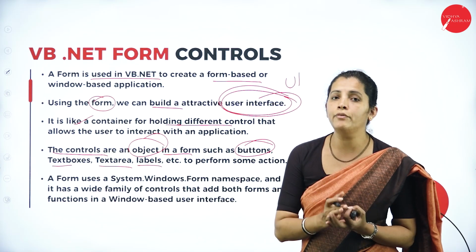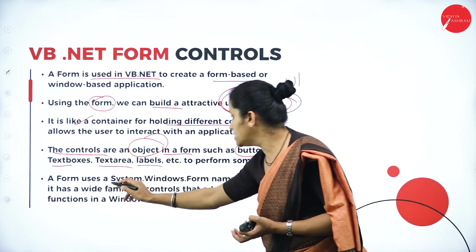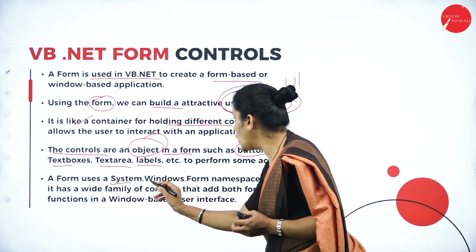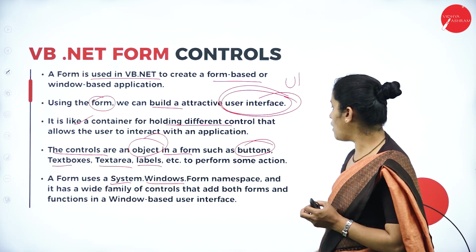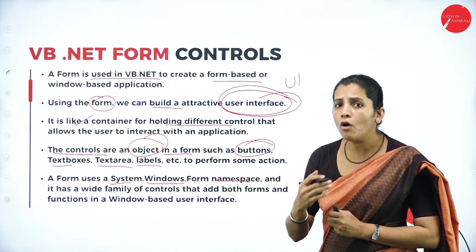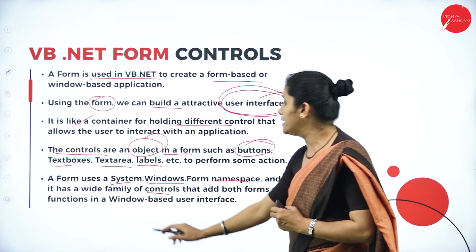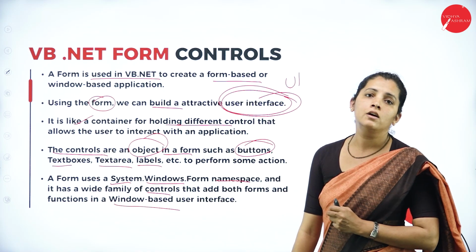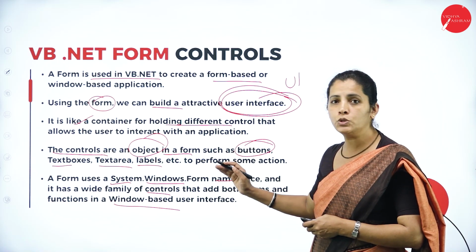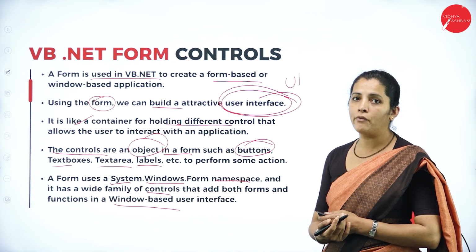So dear student, if I want to create form, where the form is stored, that is, it is present in System.Windows.Forms namespace, and it's going to have a vast amount of controls. So it is called desktop application or Windows-based user interface. It is mainly used to create attractive user interface by using forms.